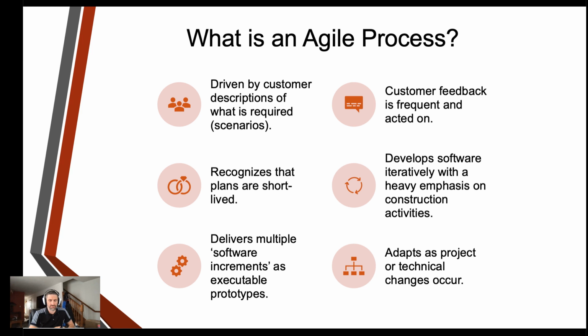Customer feedback is frequent and acted on immediately. Plans are often short-lived, and there's an awareness of that, right? So there's no unwieldy hanging on to particular plans. The ability to pivot, right, and to be amenable to change.